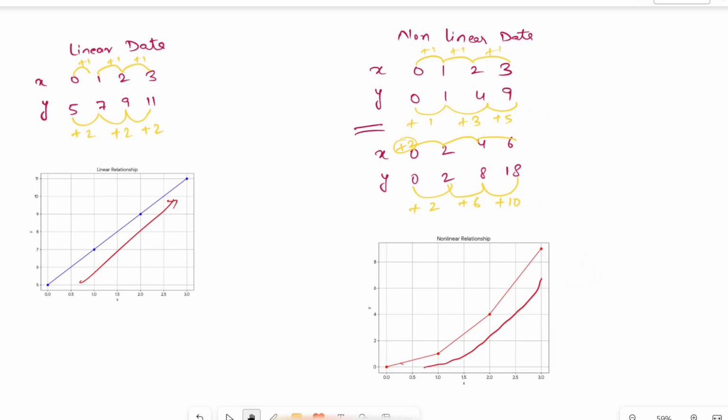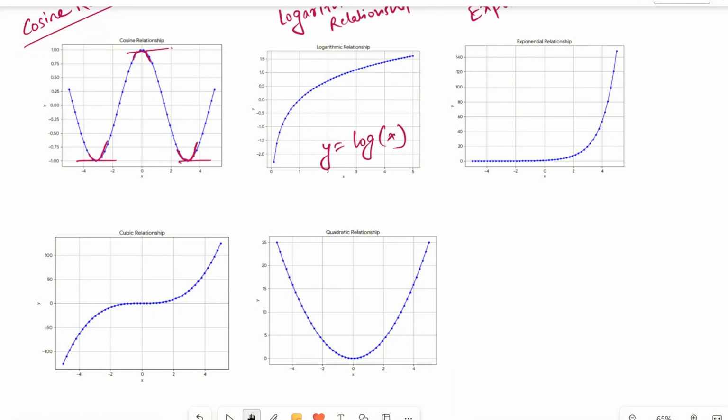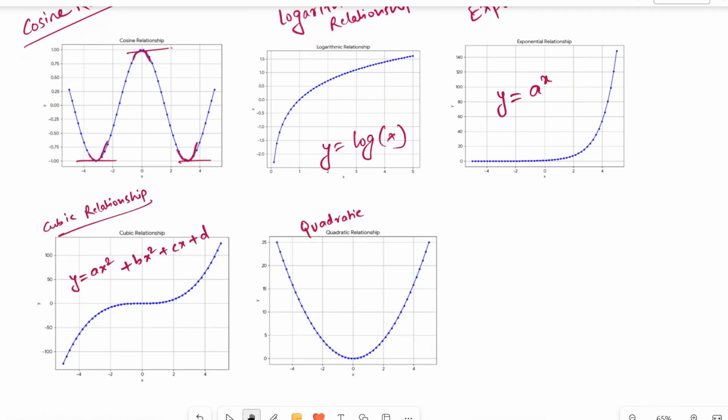This line bends and twists because the rate of change between the data points is not constant. Moreover, in the real world, most data follows complex patterns. That's why if we want our model to understand patterns like cosine, logarithmic, exponential, cubic, or quadratic relationships, we need to use activation functions.